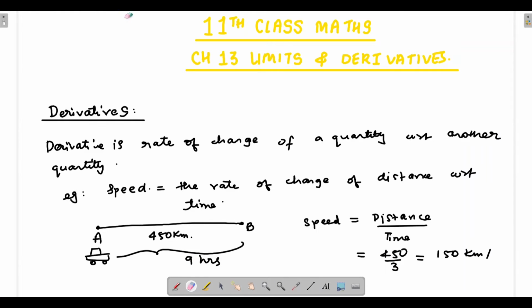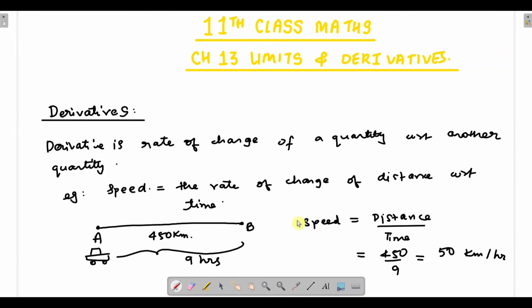So if you do 450 divided by 9, then we will get 50, right? 50 kilometers per hour. So you can see that the rate at which the car travels is 50 kilometers per hour. So that is the meaning of derivative.